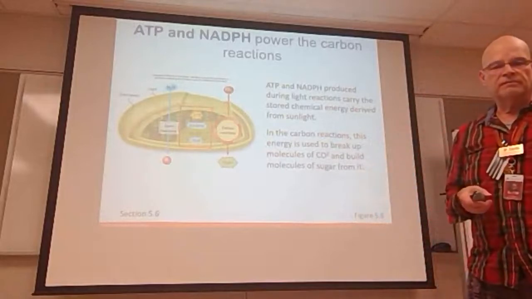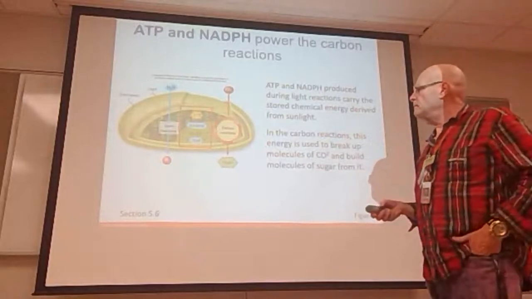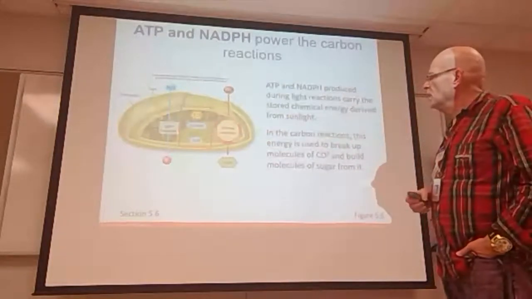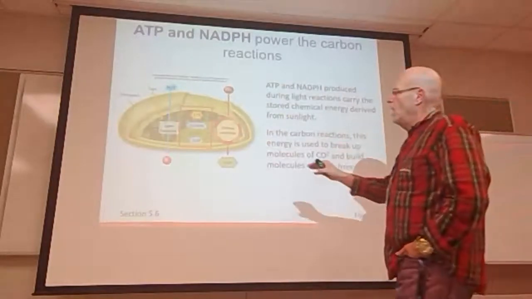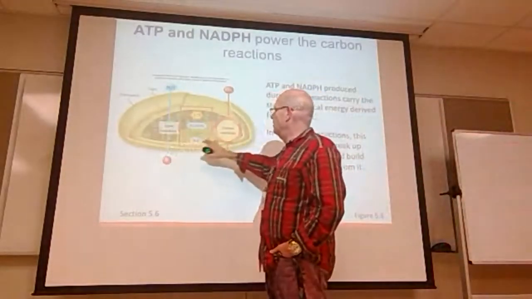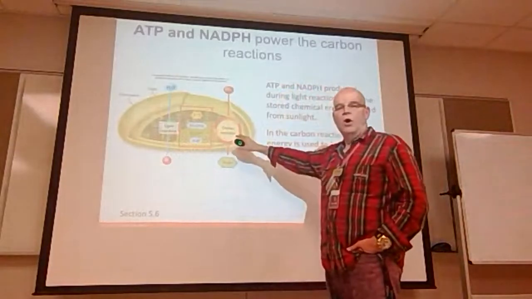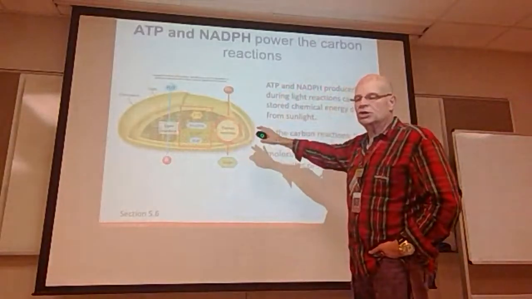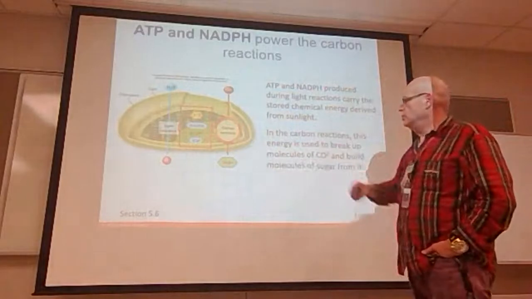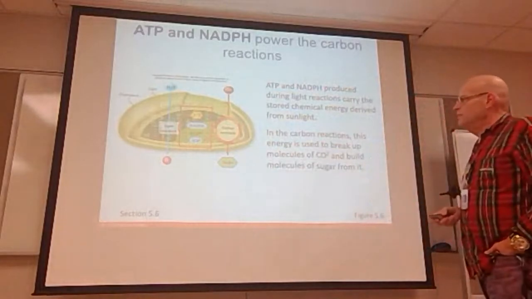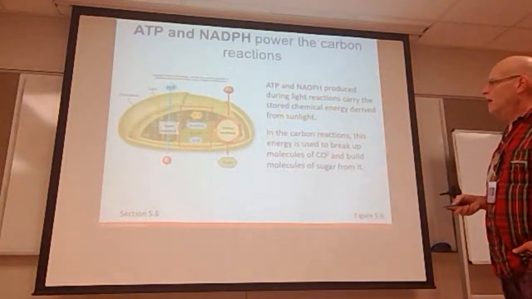Now, again, most texts are referring to them as the carbon reactions, because these are the reactions where the products of the light reactions are being converted into carbonized structures like sugar. Again, this is where the CO2 comes in.